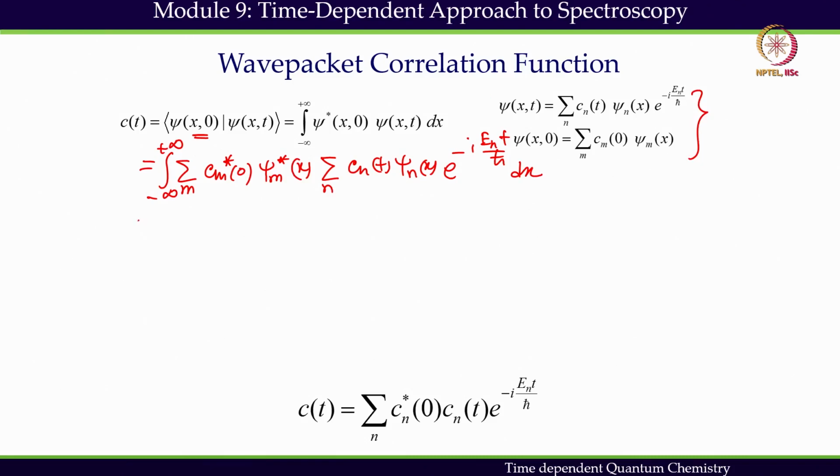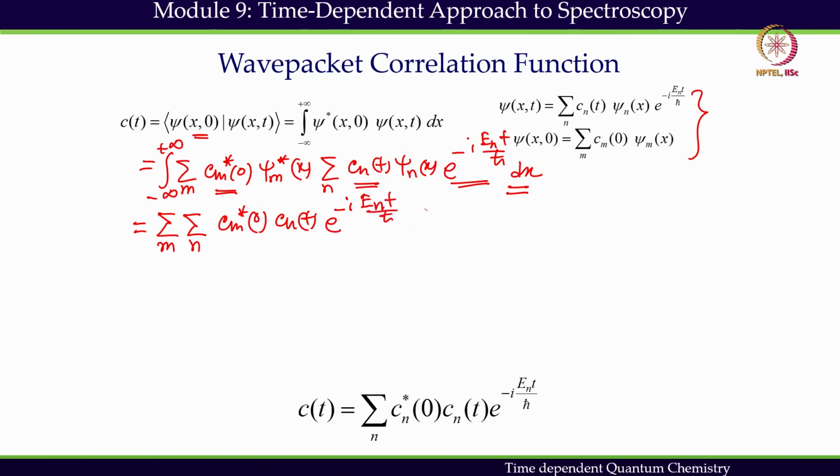After that we can reduce it very easily in the following way. I can have these two summations together, then Cm star 0 and Cn(t) can be taken out because they are the purely time dependent part, and this integration is over space. The time dependent phase factor can also be taken out because it doesn't depend on the space.